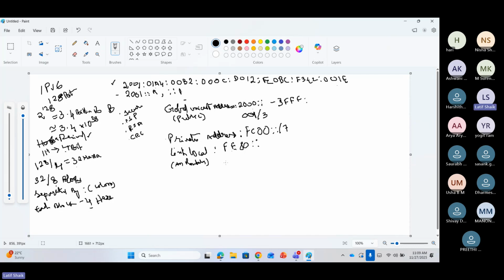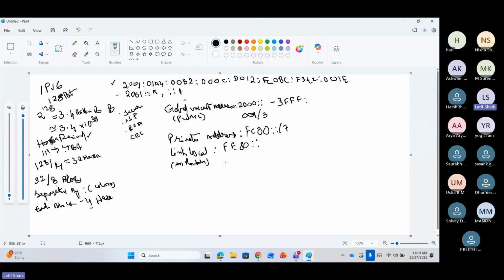With this link local, within your own single segmented network, meaning physically and logically the same network, you can communicate with each other without assigning any IP address separately, with the help of link local.